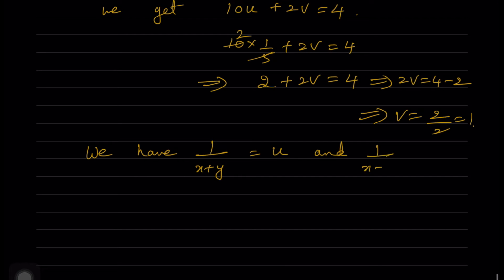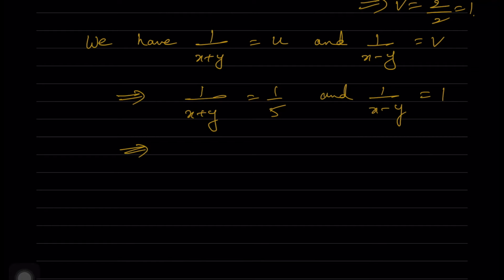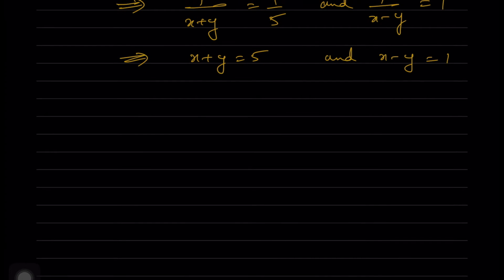So x plus y is equal to 5 and x minus y is equal to 1. Now we can solve these two by adding these two equations. You get y cancelled. So 2x is equal to 6.